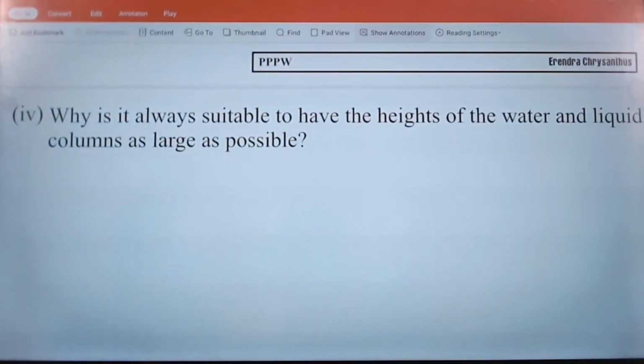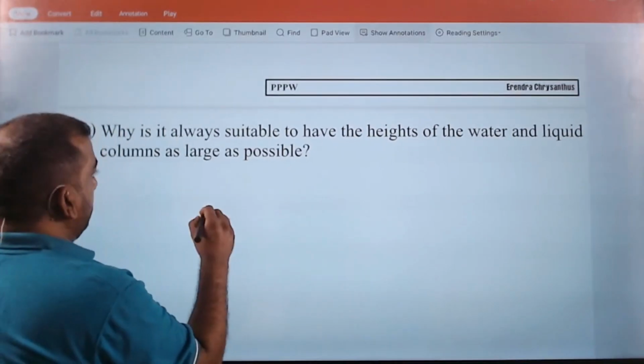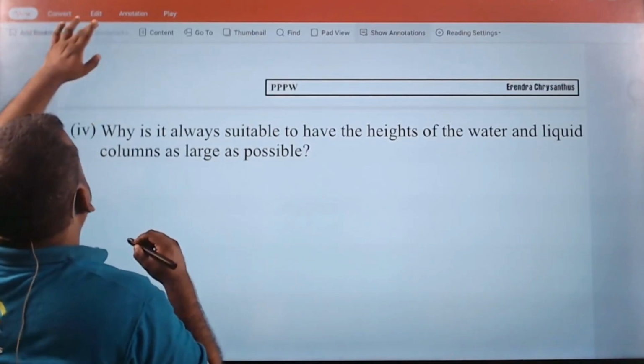Why is it always suitable to have heights of water and liquid columns as large as possible? Because of the fractional error of the measurement.